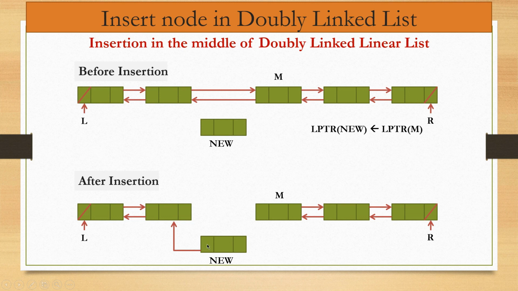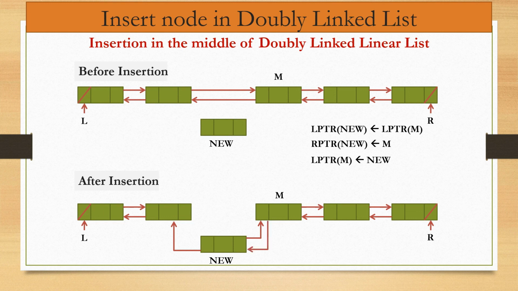So now the left pointer of new has become this. Now M is assigned to RPTR of new. So the right pointer of new has now become this, right? Then new is assigned to the left pointer of M because each and every node has left and right pointers.